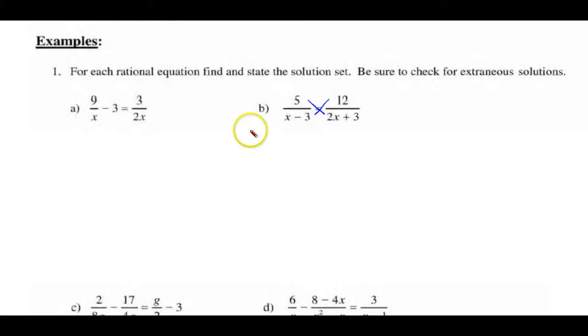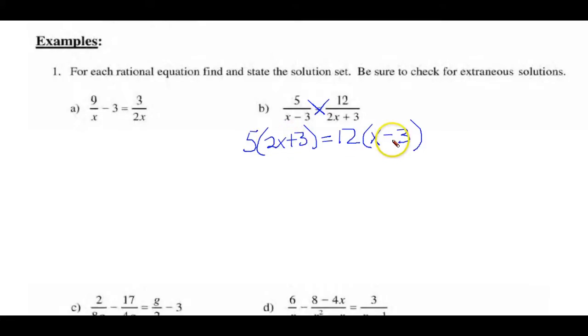So this will become 5 times 2x plus 3, cross multiplying this way. That's only when you have a fraction equals a fraction. You couldn't use that technique here because of this number. And then this will equal 12 times x minus 3.